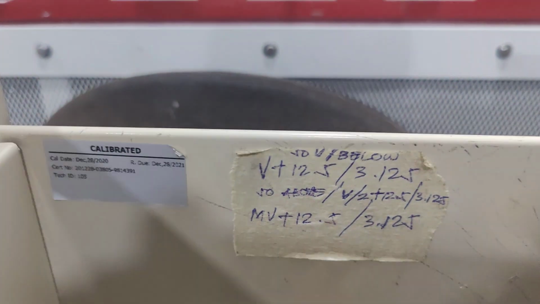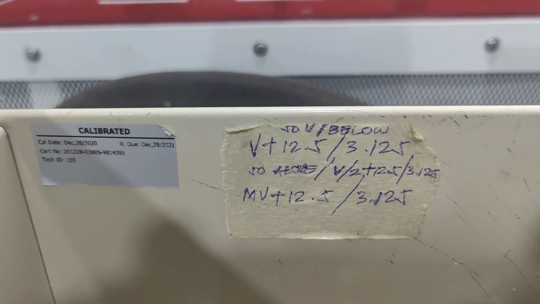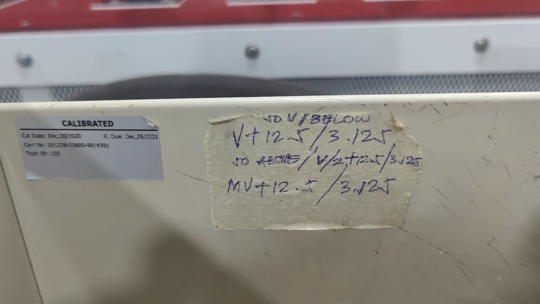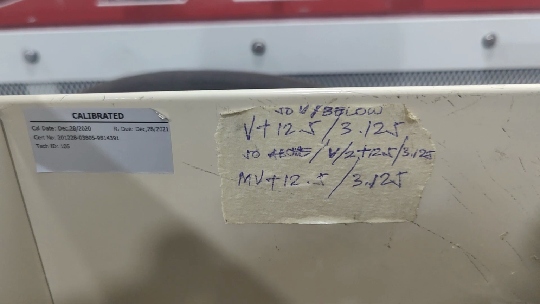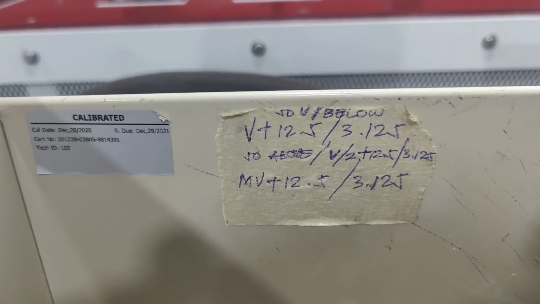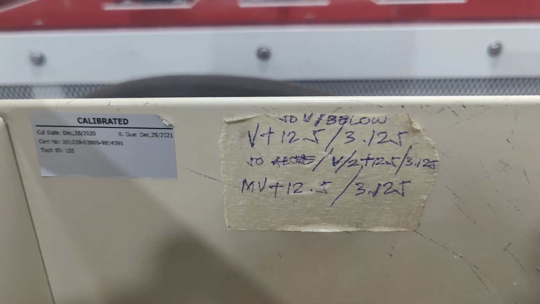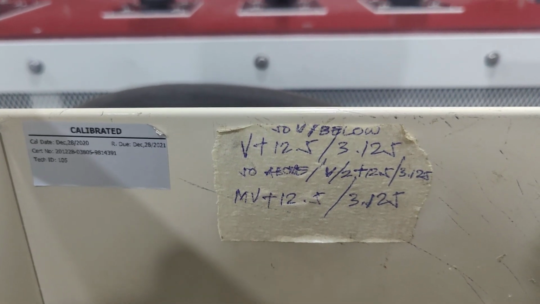This formula will come into the picture: (V/2 + 12.5) / 3.125. And for ampere conversion, (MV + 12.5) / 3.125. These millivolt values are irrespective of the shunt ratings.